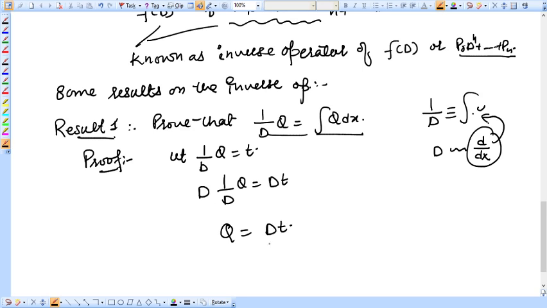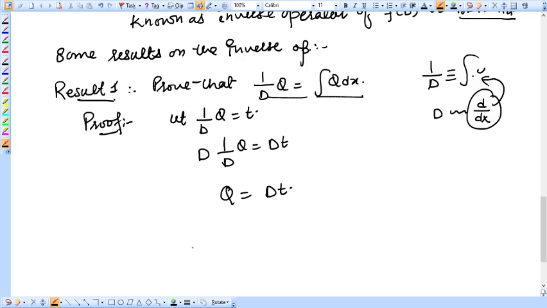So Q is equal to Dt. Now we know D is equal to d by dx, so t is also here, so dt by dx. Now variable separation: Q dx is equal to dt.